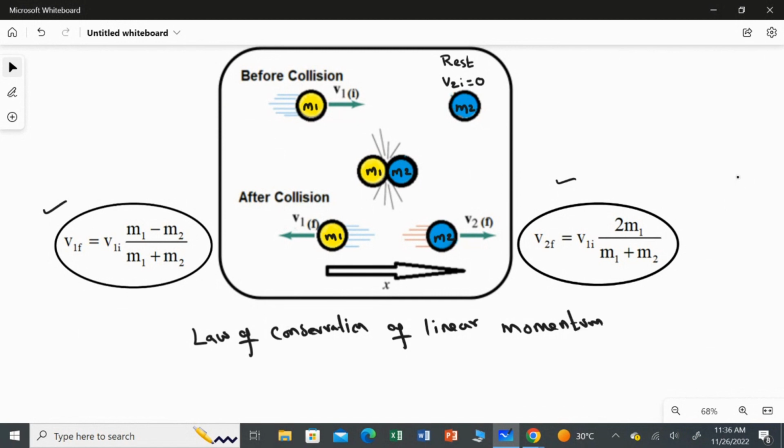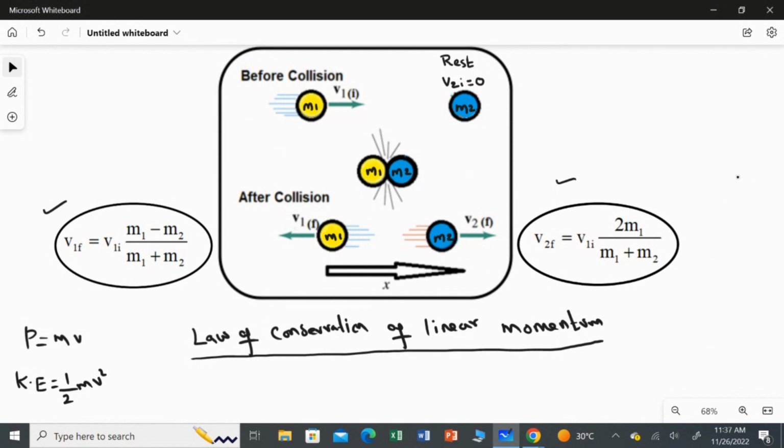I'm going to apply the rule for each mass. We already know the formula for linear momentum P, which is equal to mass multiplied by velocity. And we know the formula for the kinetic energy: half mv square. So I'm going to apply this rule for this case.